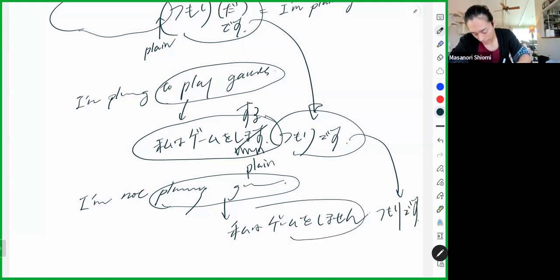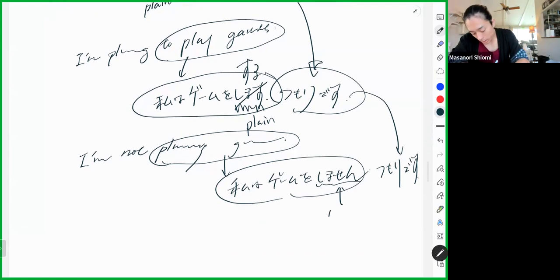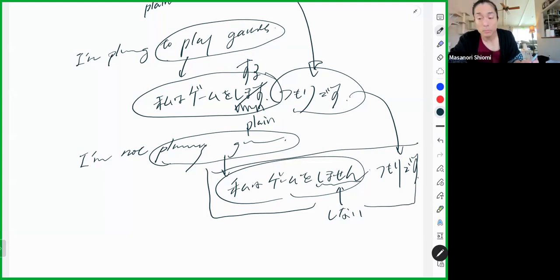And then how to connect the つもり? Plain. What's the plain of しません? It doesn't matter if it's positive or negative, just make it plain. しない is the plain version of しません. And that's it. 私はゲームをしないつもりです。I'm not planning to play games.